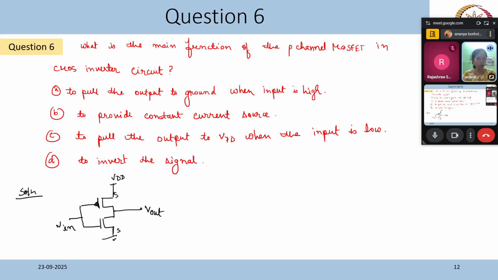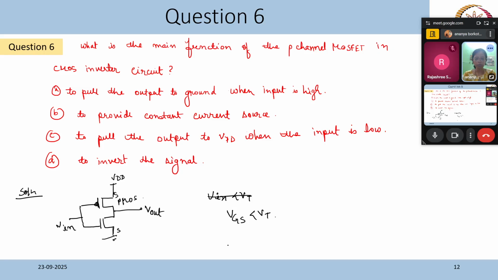So the PMOS will be on when VGS is less than VT.